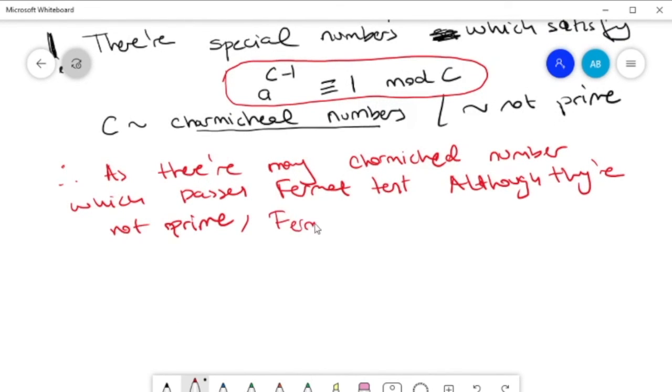This Fermat test is not used in practice.